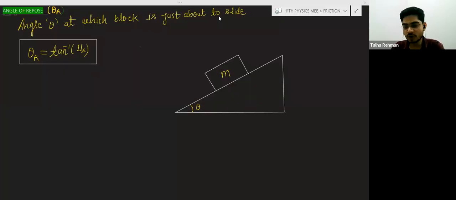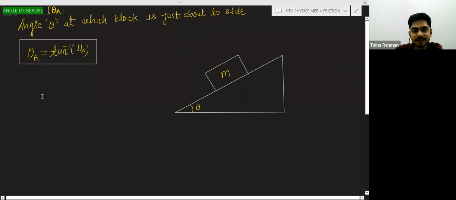The object will try to move along the inclined plane, and that angle at which the block on the inclined plane is just about to slide, means at the verge of sliding, is known as the angle of repose.